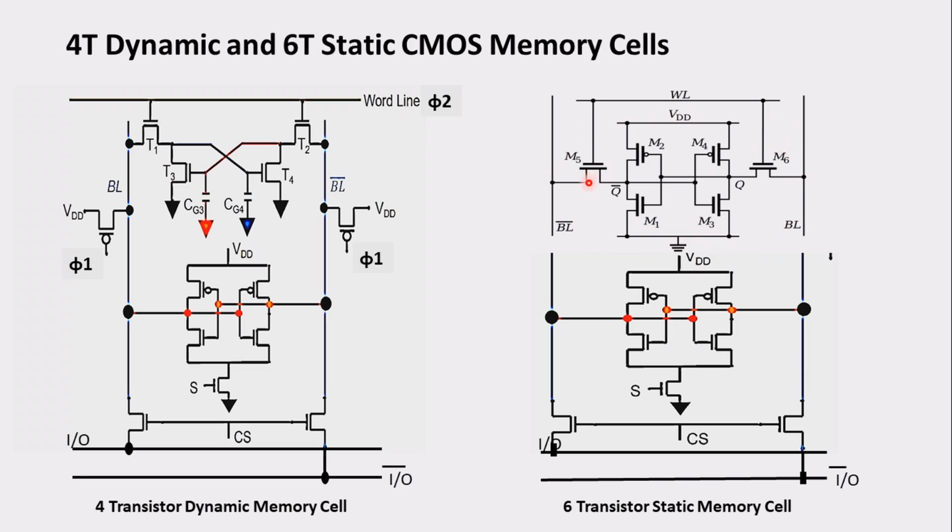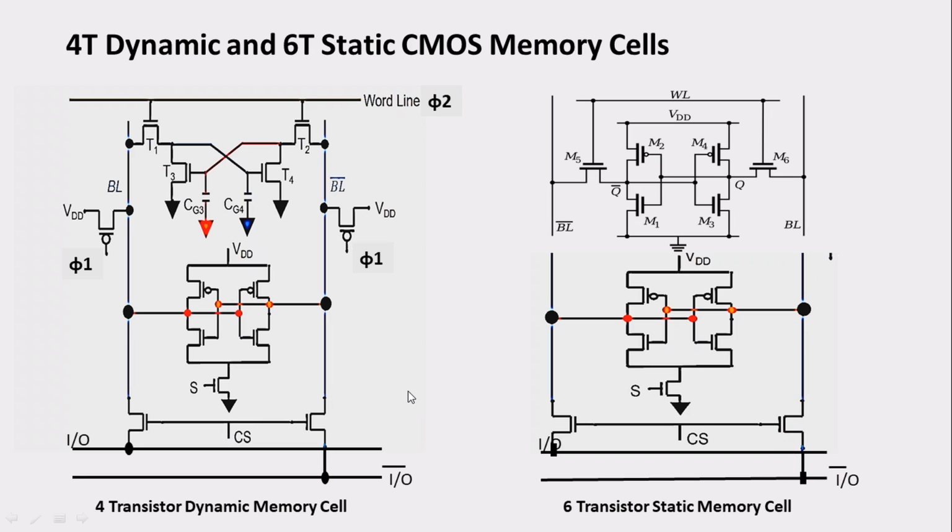Here you can observe transistors 1, 2, 3, 4, 5 and then 6. So this particular stage is meant for the 6 transistor static RAM, and this is the 4 transistor dynamic RAM. And the below part here is meant for sensing, or you can call it a sense amplifier. It is going to sense what is being read, or what value is present in this bus line, and based on that, it is going to give it to the main bus.